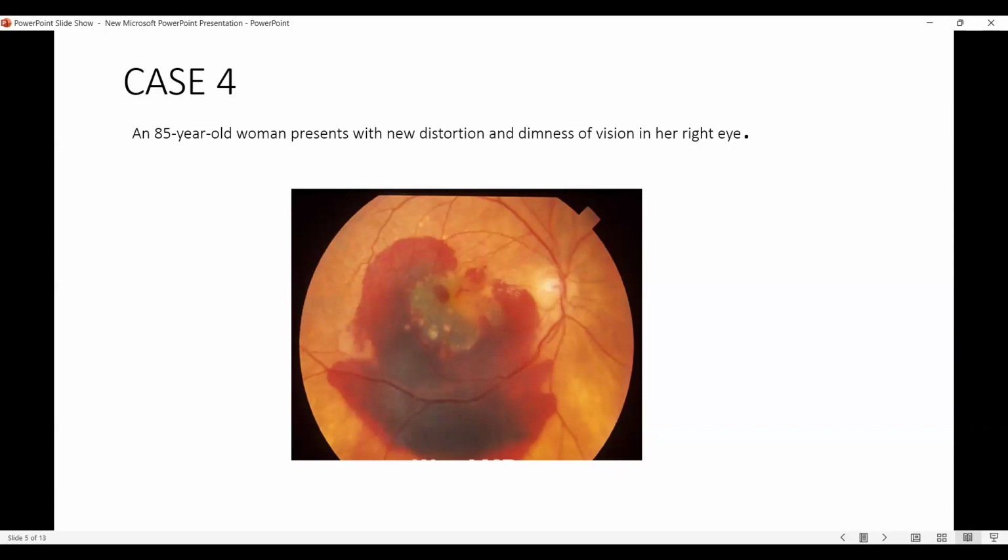But because drusen are there, in this case it is better to say that it is wet AMD only. It can be PCV also, but the primary diagnosis will be wet AMD.